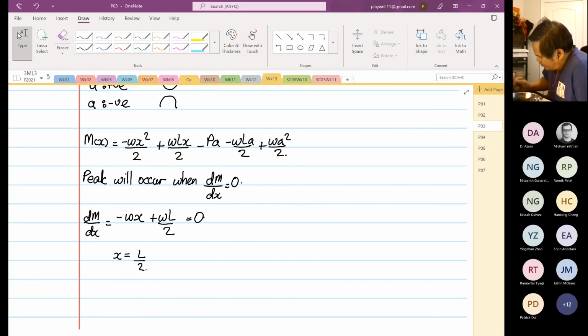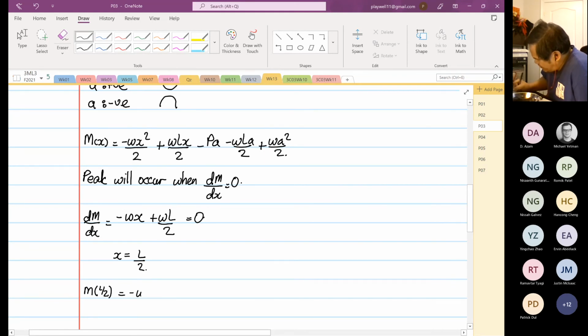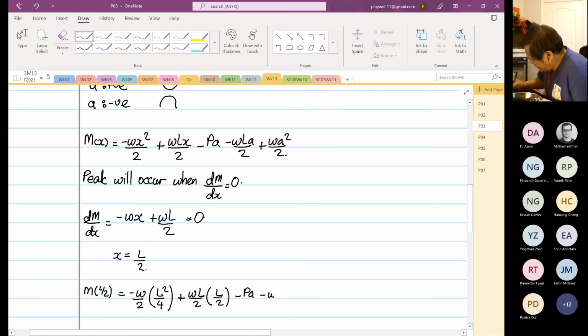Okay, so the next thing we do is we just substitute in. So we know that m at L over 2 is equal to minus omega over 2 times L squared over 4, plus omega L over 2 multiplied by L over 2, then minus PA minus omega LA over 2 plus omega A squared over 2.